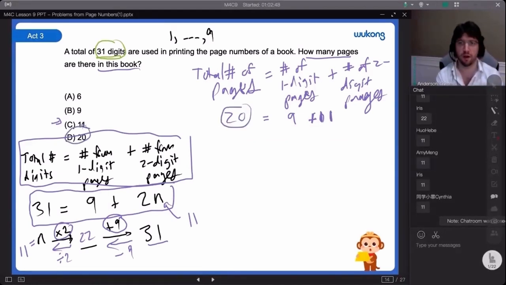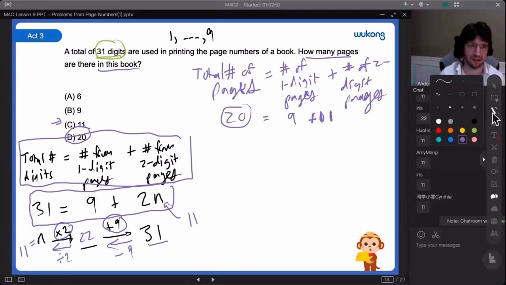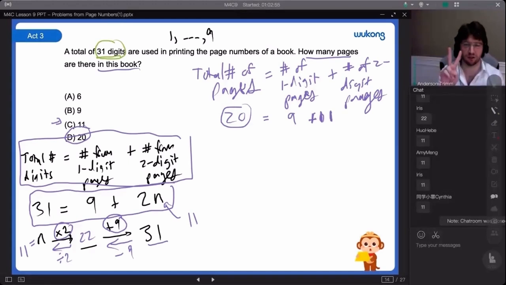All right, let's review. I know this one was a lot of steps. So we've got two equations going on here. We want to look at the total number of digits, and we want to look at the total number of pages, right? Not quite the same thing. So for the total number of digits, we're told there's 31 digits through the whole book. We look at the number of digits from the one-digit pages, that's 9, and the number of digits from the two-digit pages.